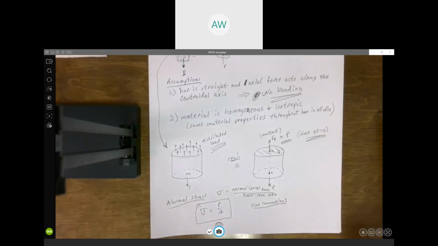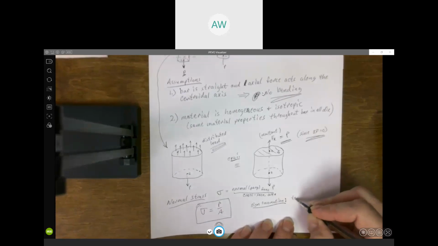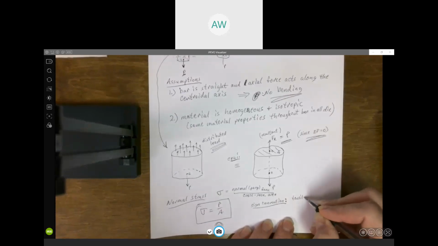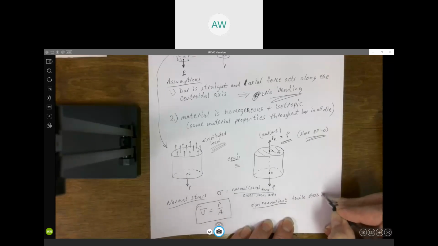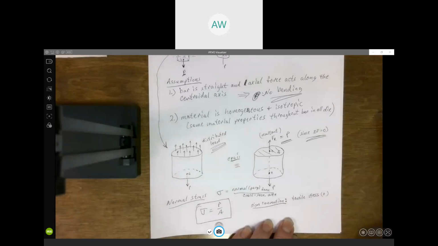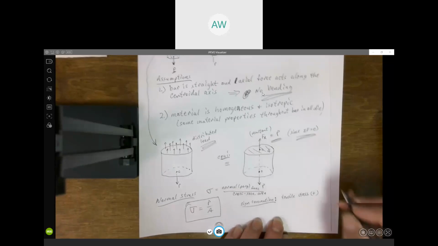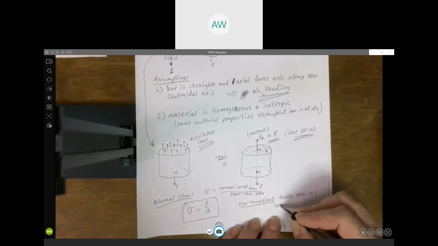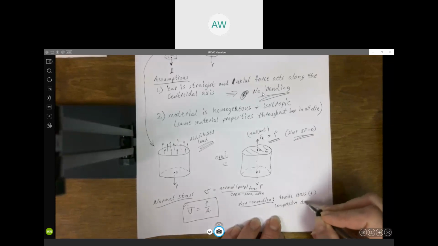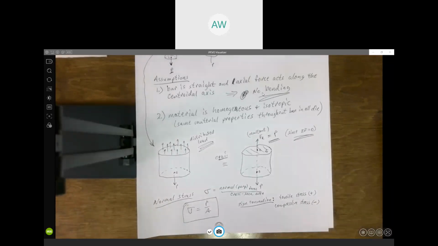So what we're going to do is, if it's in tension, or if we have what we call tensile stress, we're going to denote that with positive. And if we have a compressive stress, negative. Now, this particular textbook really doesn't emphasize this, but in the real world, this is what's done.